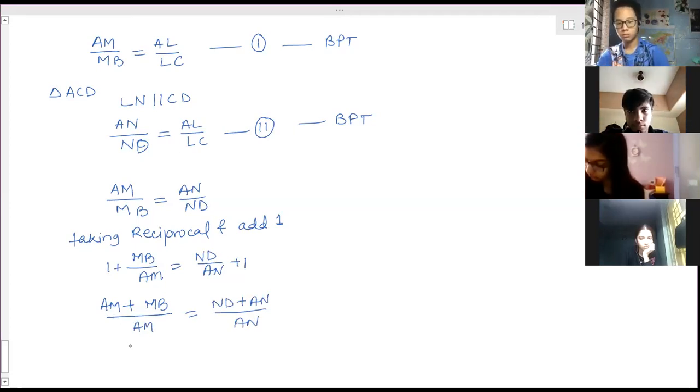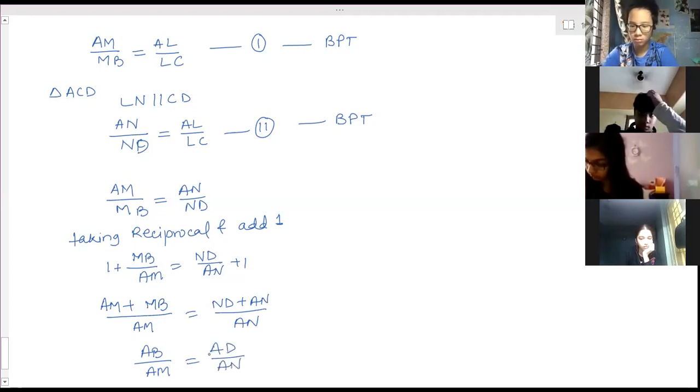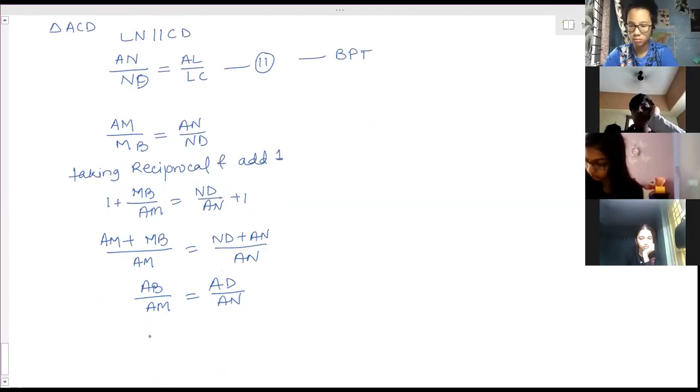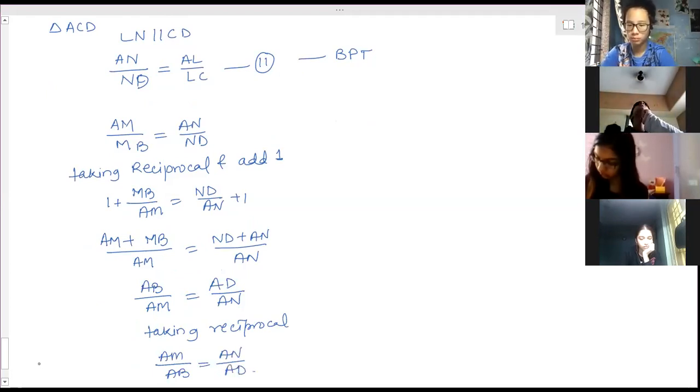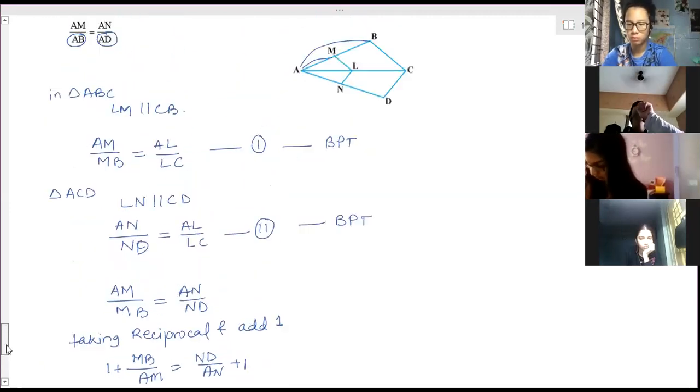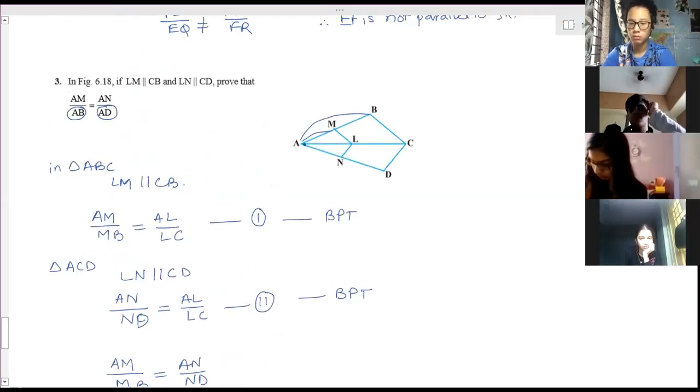AM plus MB becomes AB. AB by AM is equal to AD by AN. Now again take the reciprocal. So AM by AB is equal to AN by AD. You cannot take it directly.